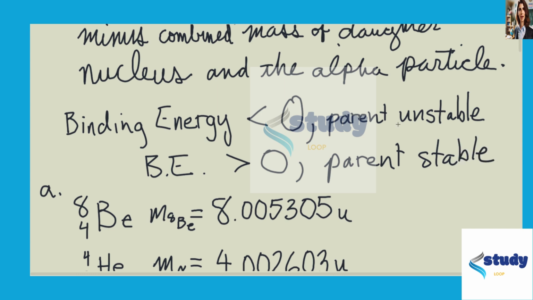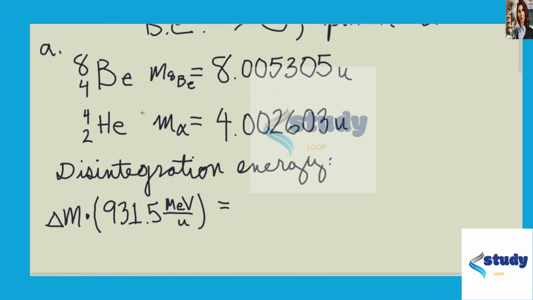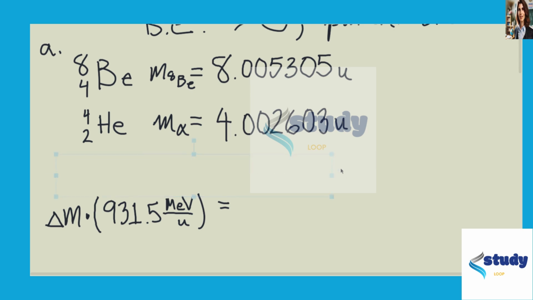So let's plug in relevant masses and find the binding energy. The reverse of that is what they call the disintegration energy. Let's instead find the binding energy here, because that is more in line with what we're so familiar with so far. In the case of binding energy, we take the combined mass of the individual constituents of the reaction.